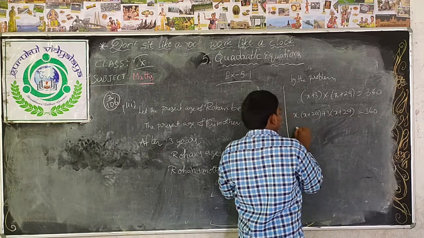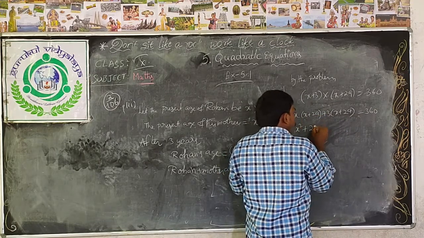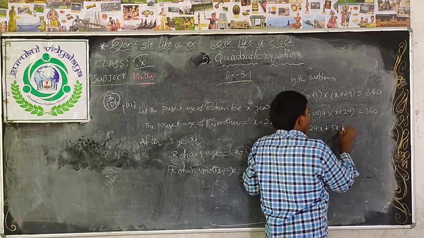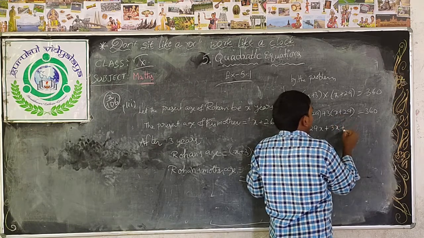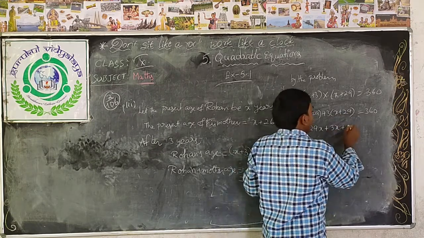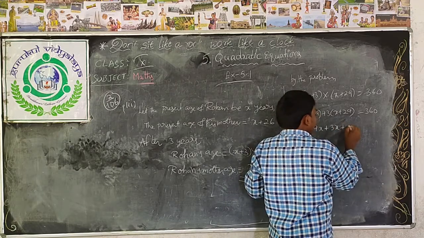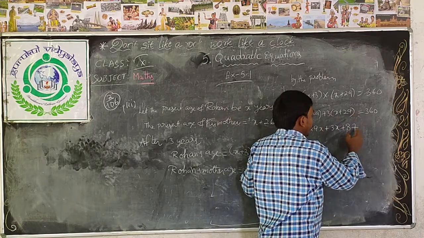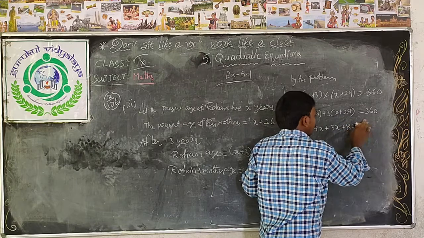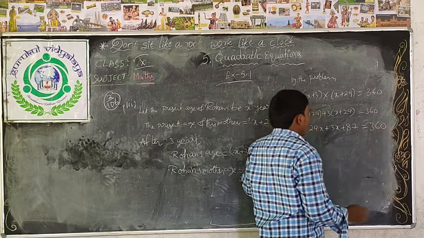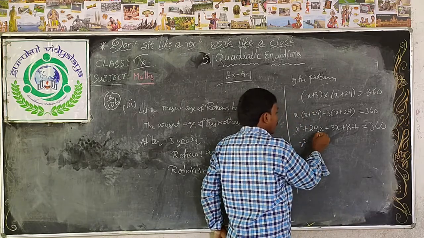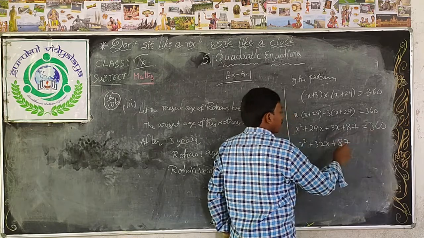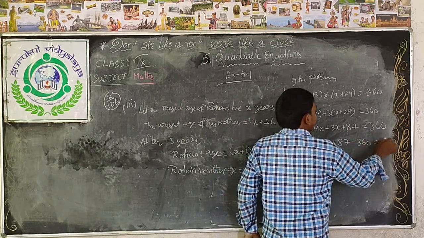x into x, x square, plus x into 29, 29x, plus 3 into x, 3x, plus 3 into 29, 87. 3 nines are 27, 2 and 6 is 8, 87. That is equal to 360. Okay, children, x square plus 29x plus 3x, 32x, plus 87 is equal to 360. Transposing, the LHS minus 360 is equal to 0.